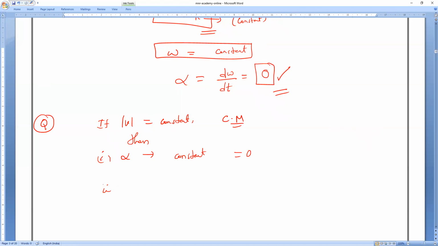Tangential acceleration is equal to 0. And what about centripetal acceleration, which is v square by r?